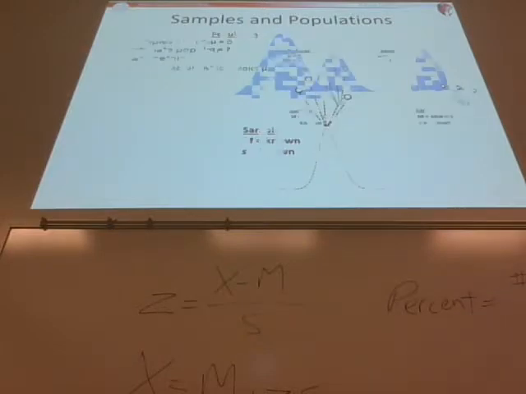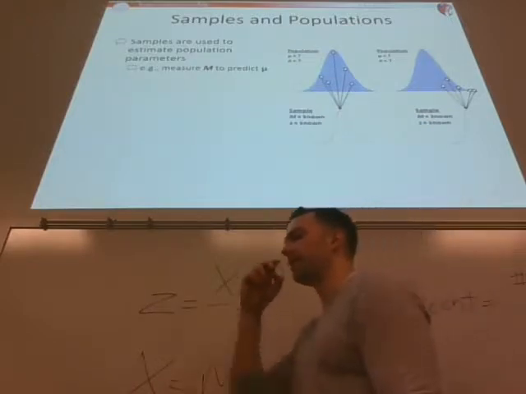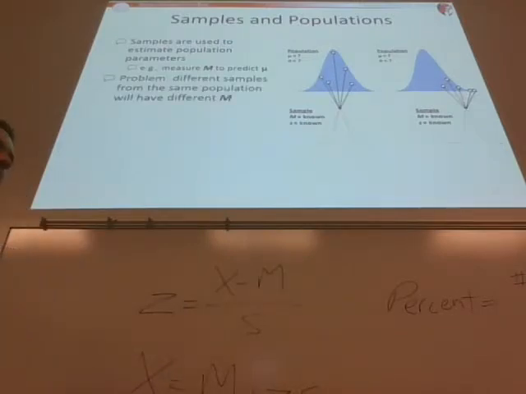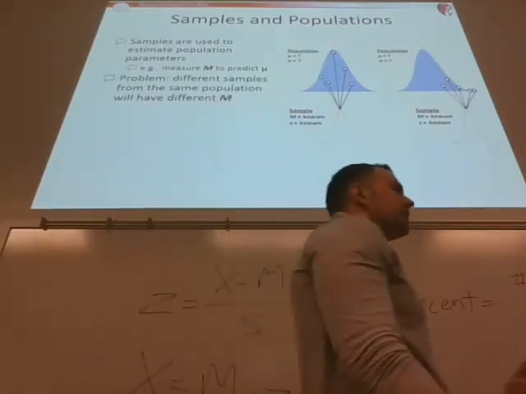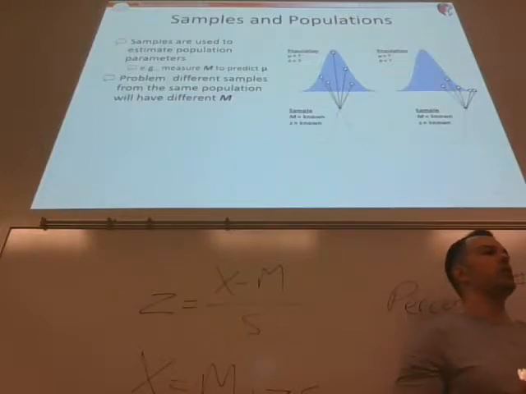All right. So samples are used to estimate population parameters. It's just the way that we do it. We take a sample, we estimate the population. But the challenge, or the problem, is that different samples from the same population will have a different sample mean, right? So when you take a sample from a population and you measure their average IQ, for example, the population mean is 100.